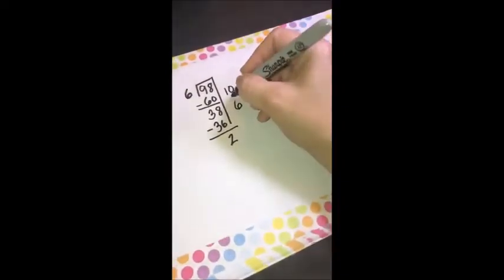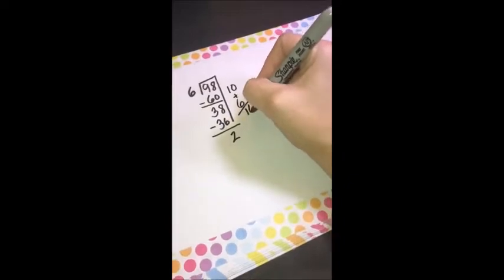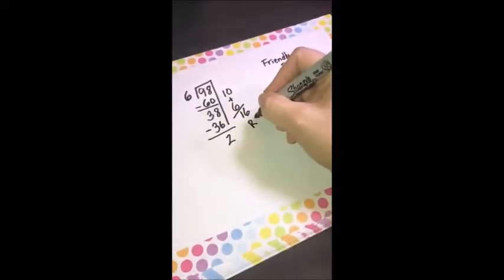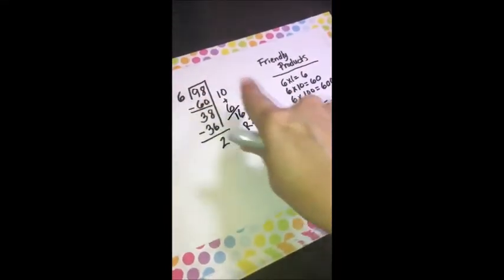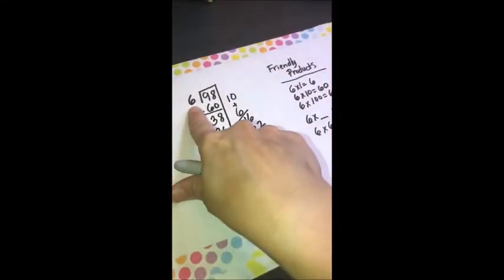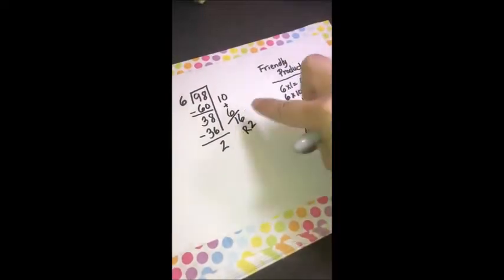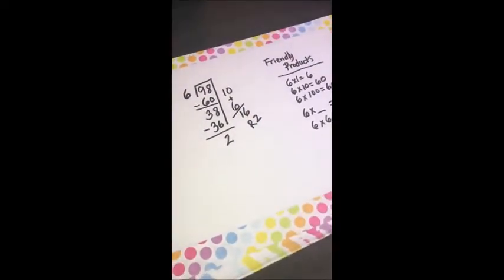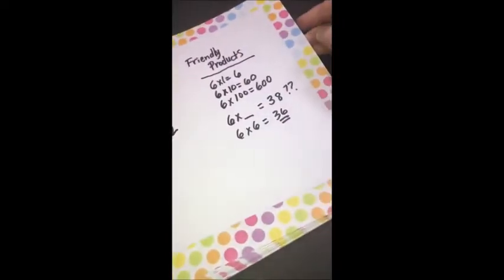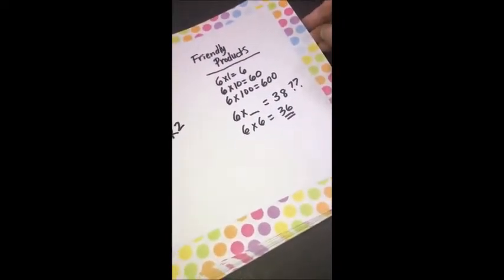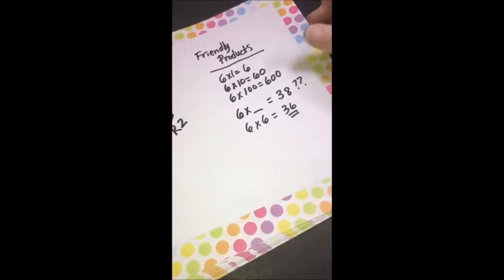So I'm going to add these up, and I get 16 remainder 2. So I start off with 98, and I divide 98 into 6 groups. There will end up being 16 in each one and 2 left over. And these multiplication facts helped me solve my problem.